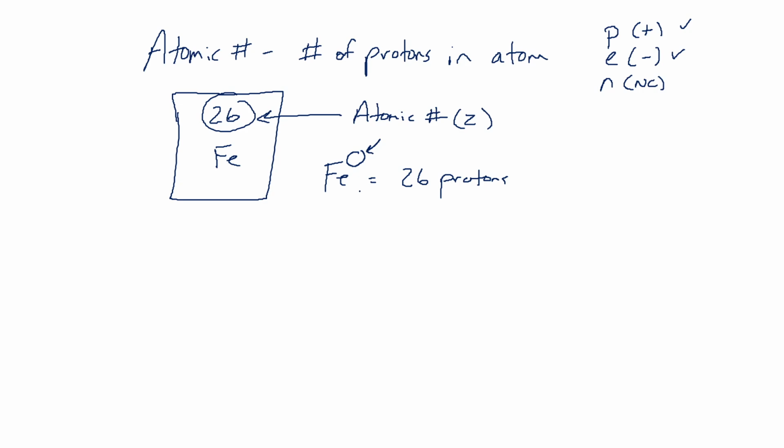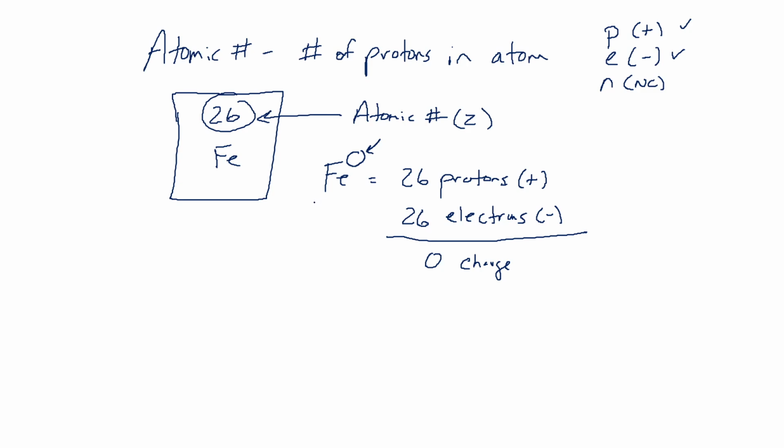That means in this case, because there are 26 protons, which are positively charged, there has to be a matching number of electrons, which are negatively charged. If you take 26 positive things and add them to 26 negative things, you end up with 0 for the charge, and that is how we know it is neutral.